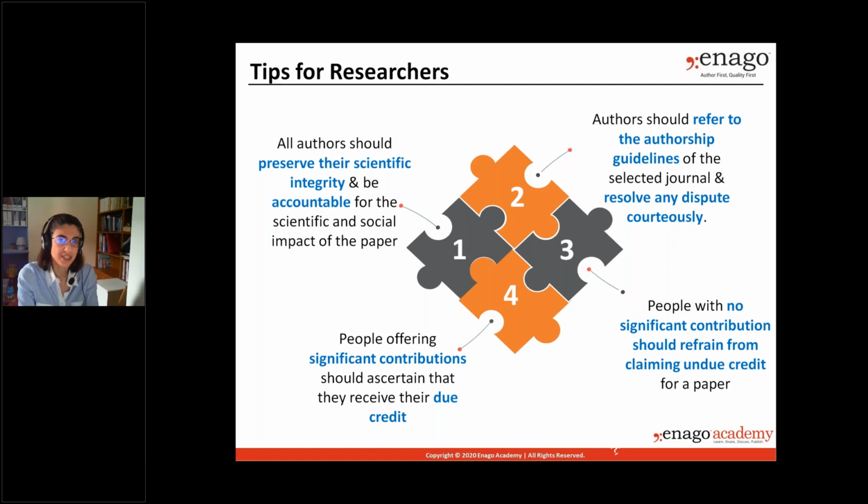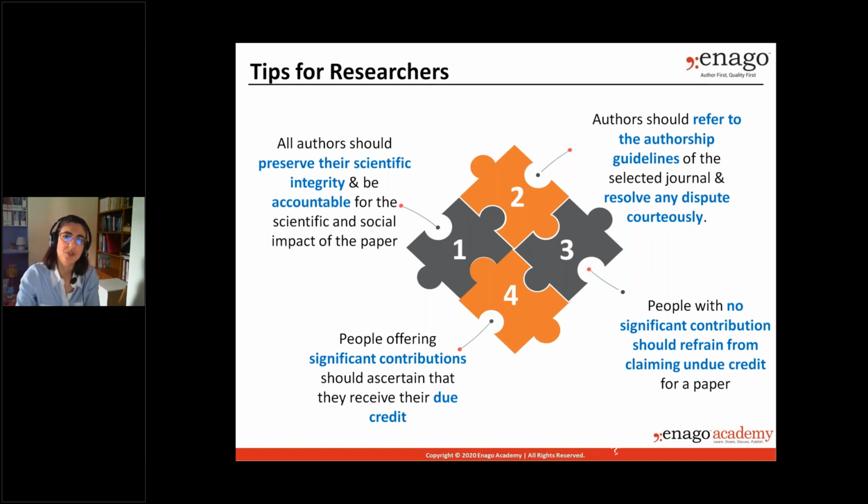Ensuring the integrity of your work, the quality of your work, is an imperative aspect of what you're offering in the scientific world. Being accountable for what you do for your research and also what you write in your manuscript is also a necessity. Authors should refer to the authorship guidelines in order to ensure that everything is done as appropriate and as agreed in a way at the international level.